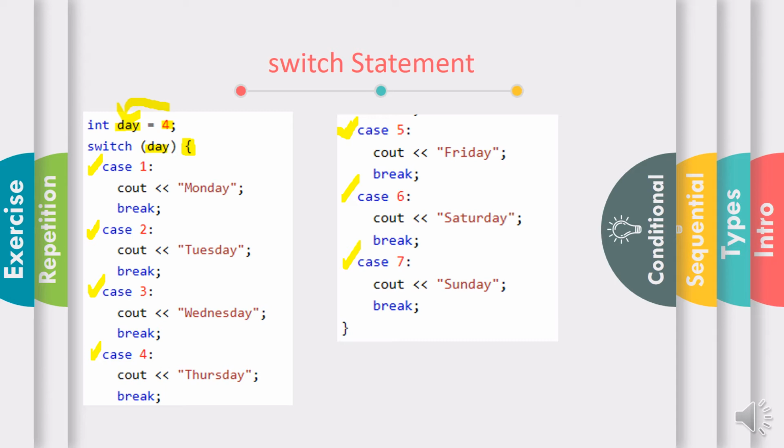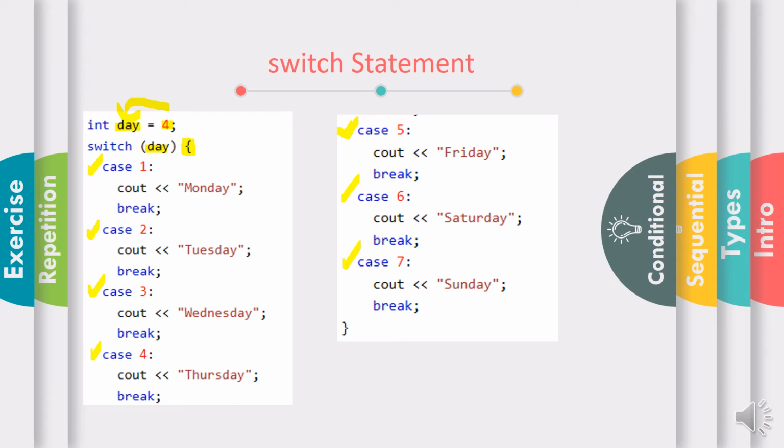Case 3, print out Wednesday, then break the case. Case 4 is for Thursday. Case 5 is for Friday. Case 6 Saturday. Case 7 Sunday. Now, what will happen when this program is executed? We know that the variable day has the value 4.